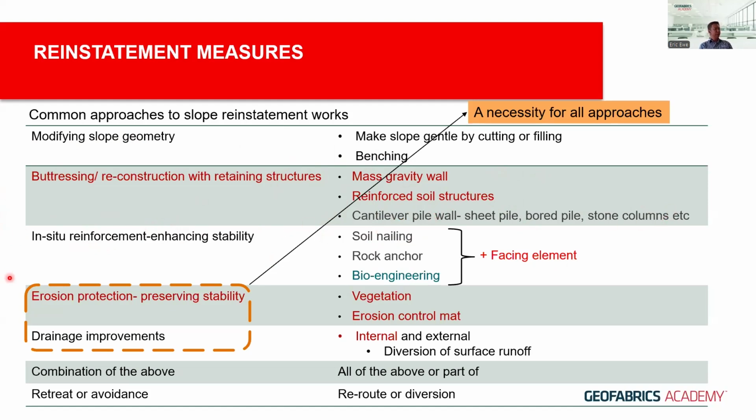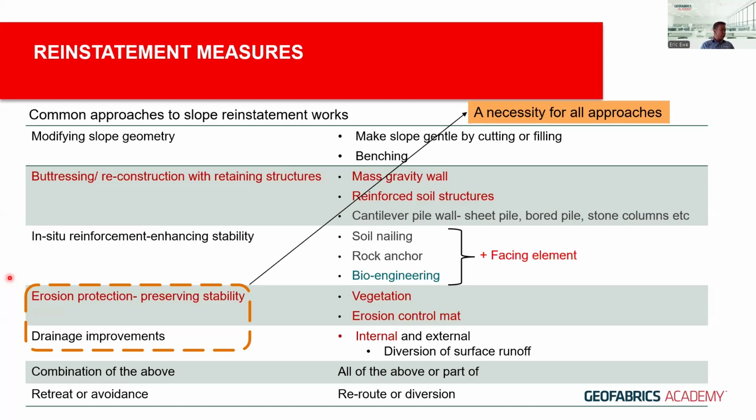In situ reinforcements are used before the slope fails or after the failure of the slope profile, along with recontouring the surface of the slope. In addition, soil nailing can improve the stability of the existing slope, or in rock slope conditions, rock anchors, or bioengineering using some form of facing element that Geofabrics supply.